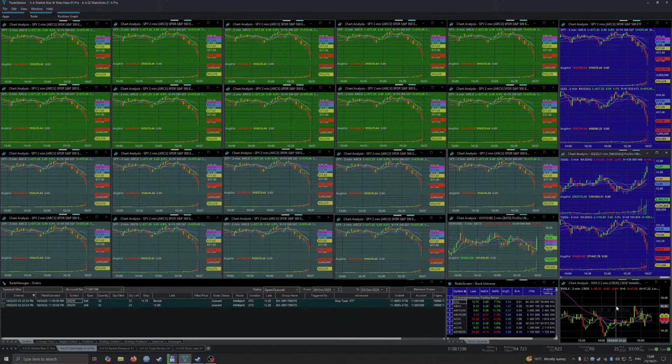Now, the point of having all these charts and things is mainly just to give you as much information as possible so you can make the best decisions possible. I don't use them all the time, but I have them so that if I suddenly decide I want some information, it's right there. I just have to look at it.